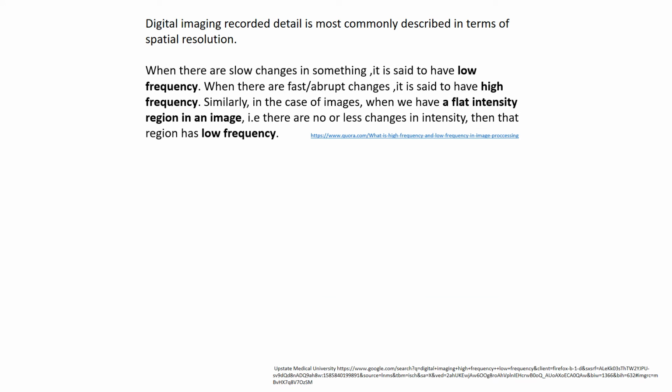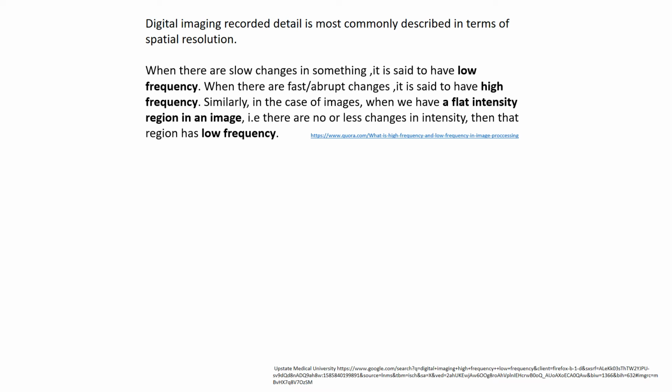When there are slow changes in something, it's said to have low frequency. So slow changes in a wave, low frequency. When there are fast, abrupt changes, it's said to have a high frequency. Similarly, in the case of images, when we have a flat intensity region in an image, there's no or less change in intensity, then that region is said to have low frequency.